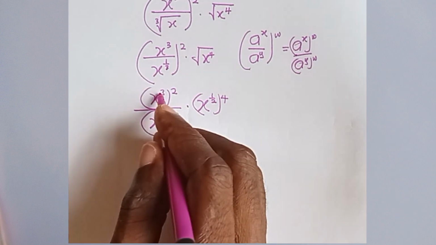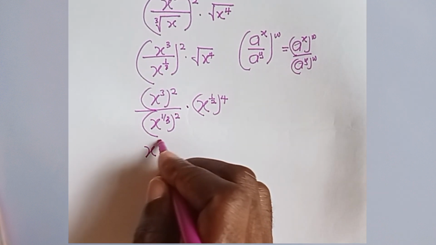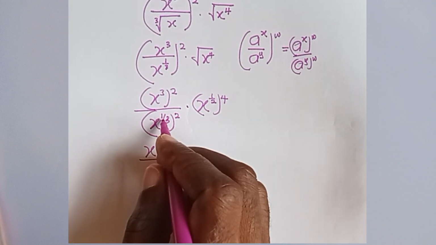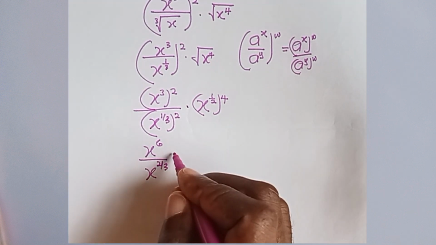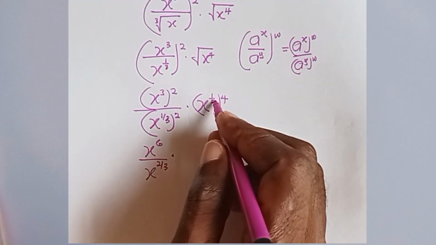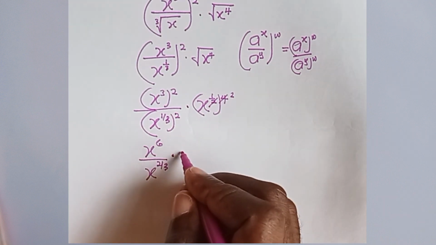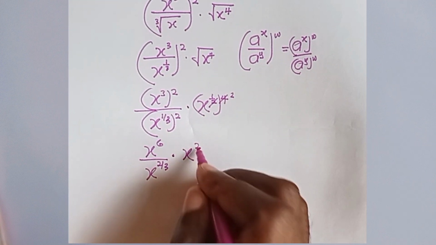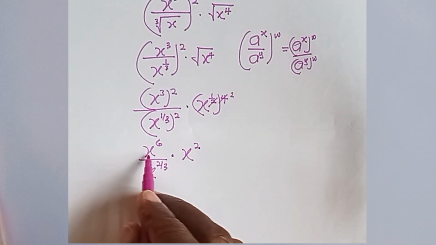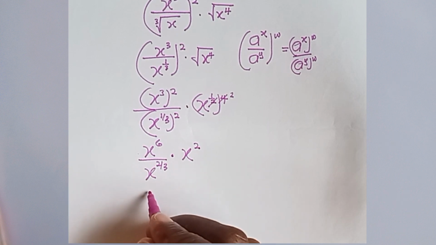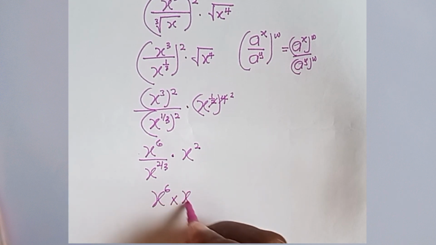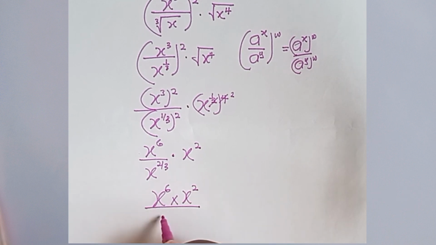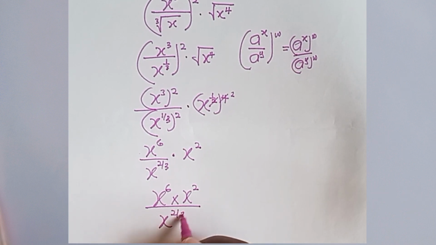From here we can do 3 times 2 will give us 6, and then 1 over 3 times 2 will give us 2 over 3, then multiply by 2 here, 1 times 2 is 2, we have x raised to the power 2. Alright, so we have x raised to the power 6 multiplying x raised to the power 2, everything over x raised to the power 2 over 3.